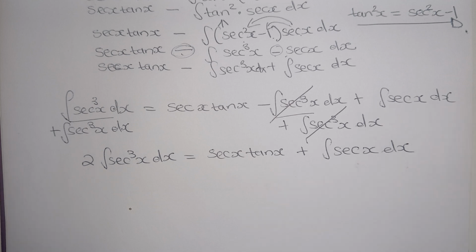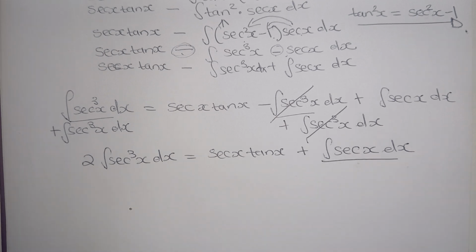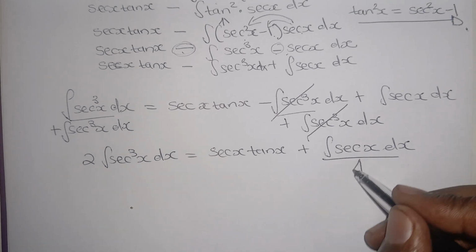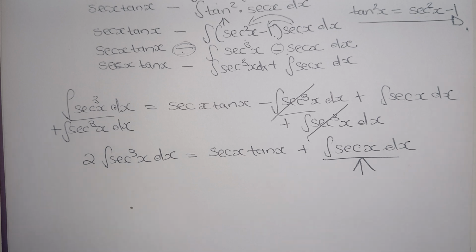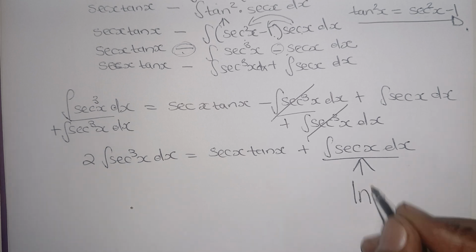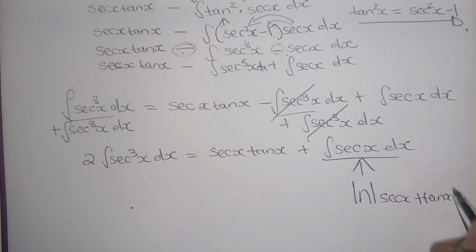Now we must not forget that this is not a finished product. We are not yet done. We still have something to integrate. Don't forget, at the beginning of the video, I was teaching you how to integrate this. What did I say? The answer of this is ln of sec x plus tan x, right?